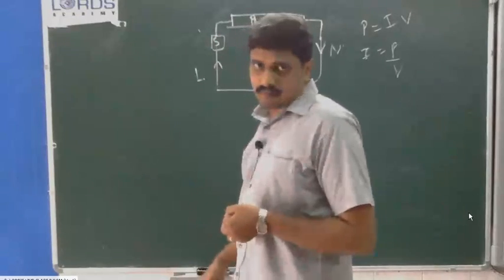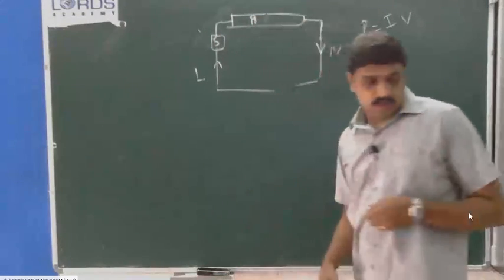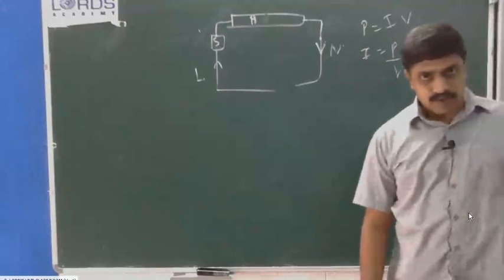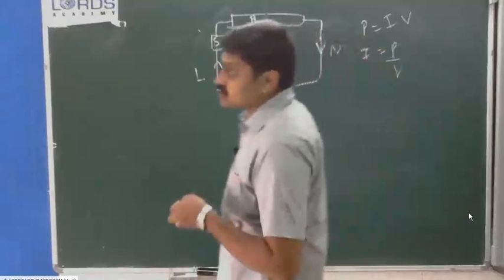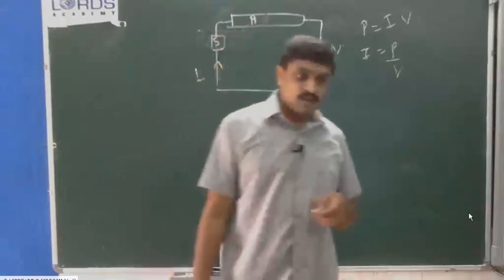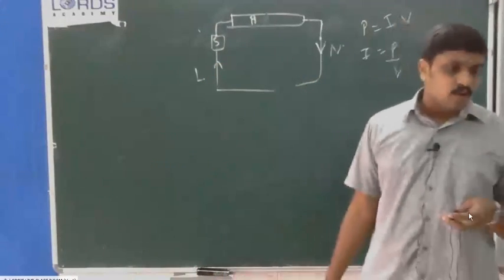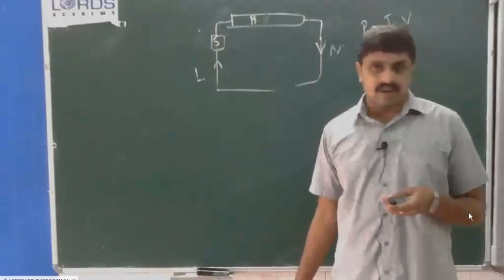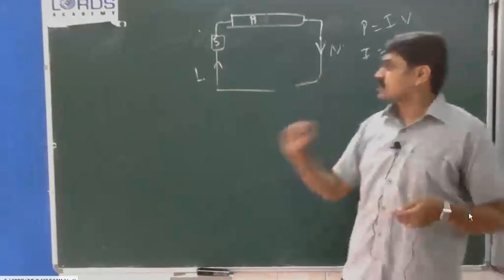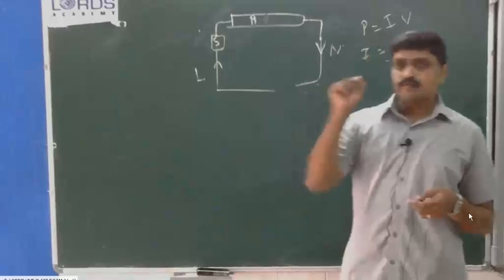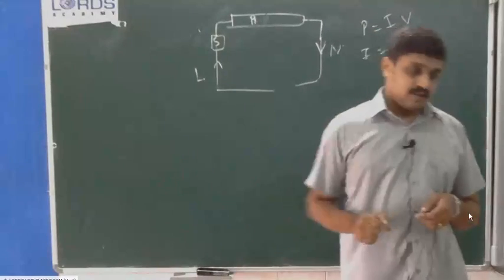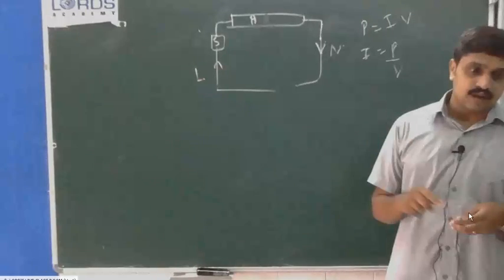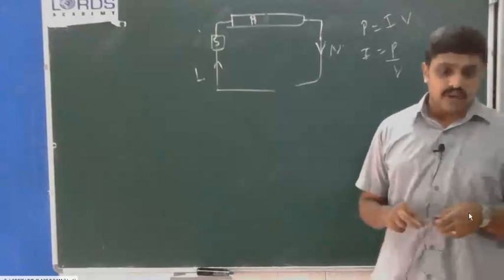The double pole switch is also fine, which gives extra protection, connected to both live and neutral. But the normal switch we are using in our house is single pole only, and that kind of switch is connected to the live wire only.